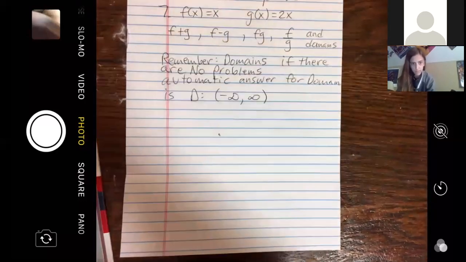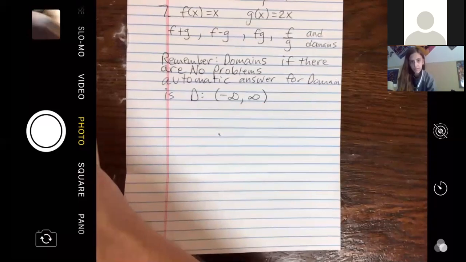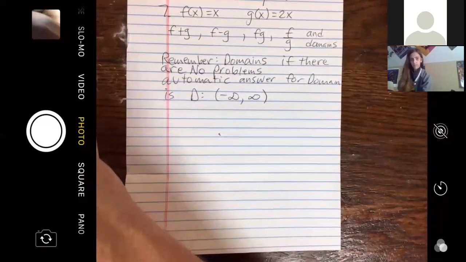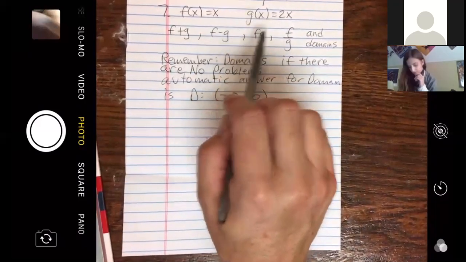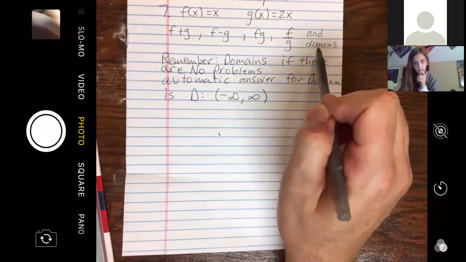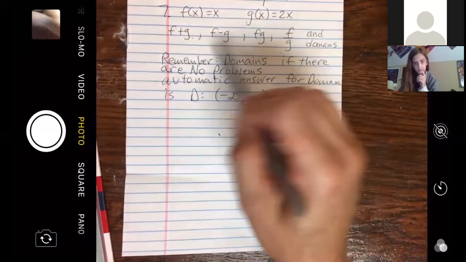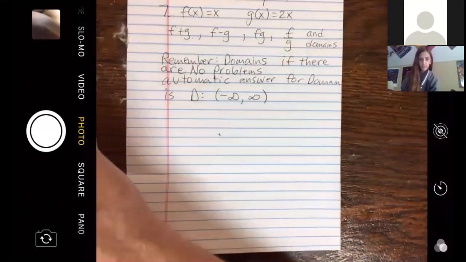All right, I was just charging into problem 7. Do you have some problems you'd like to see? Because it is a bit of a project, but it's a pretty easy one. They want you to write down these 4 things and the domains when you do these 4 operations. Did you have anything you wanted to see?